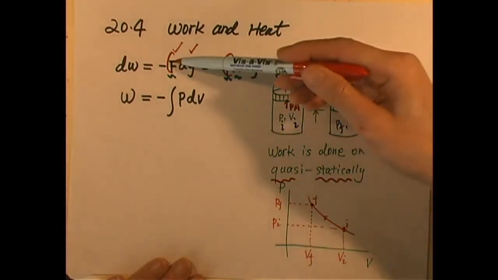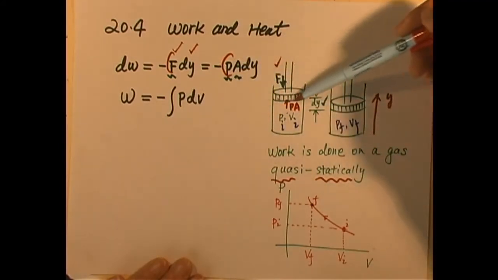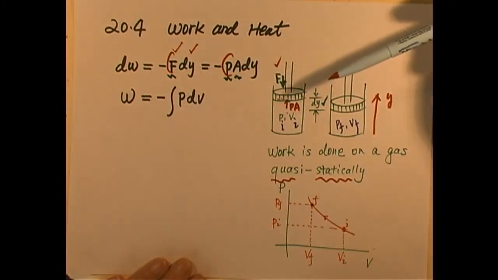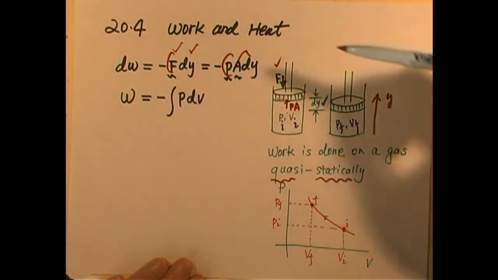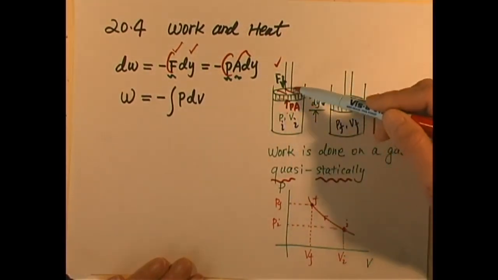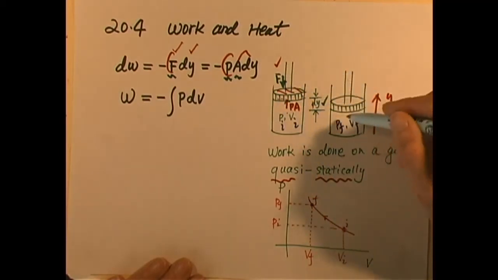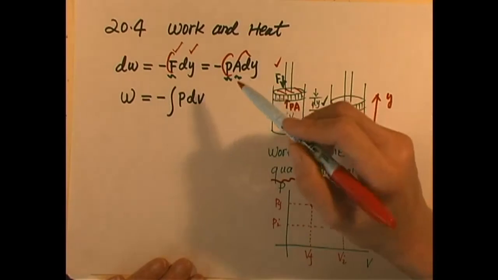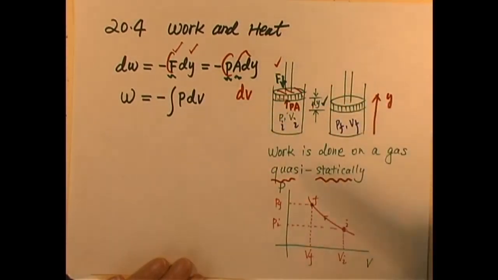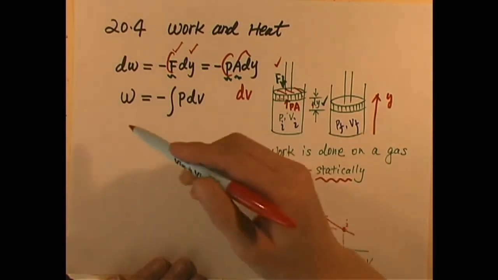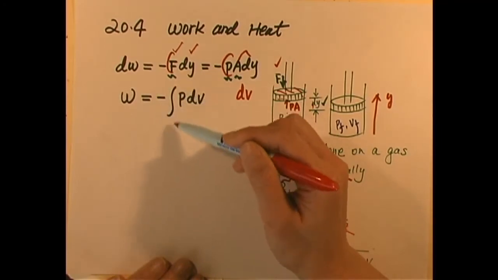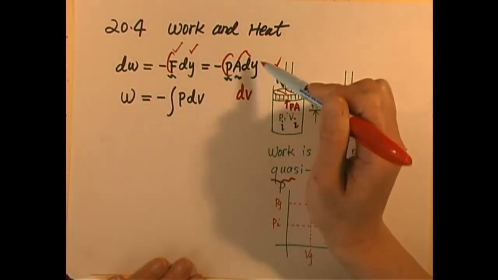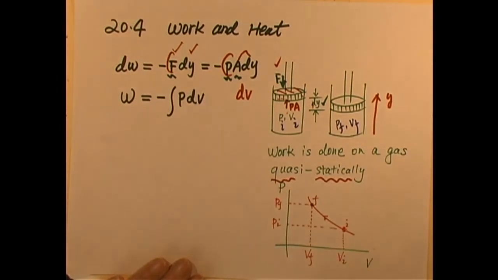Since we replace this F by the pressure of the gas and the cross-section area of the piston, and then combine the cross-section area of the piston and dy, that is the amount dV, the amount of volume the gas decreases. So that's how we get the work done. Total work done is the summation of P dV. Here's P, A times dy gives dV. So this is the definition of work done to a gas system.